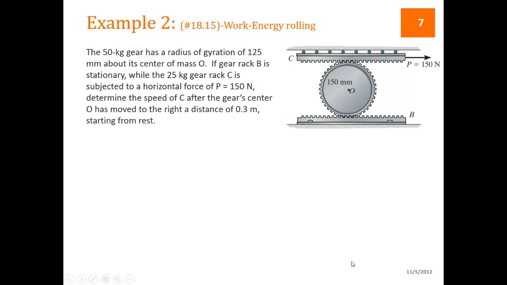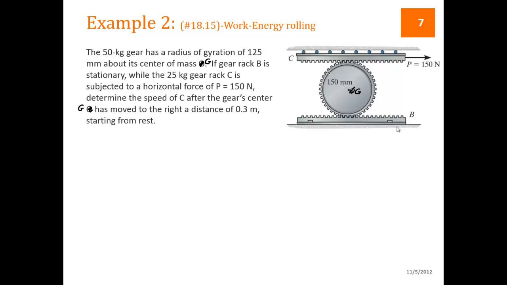So, one more example. Here we have something that is rolling, so it is not fixed at its center. Just to avoid confusion, I'm going to change this point O to point G, the center of mass, because typically we use point O as a stationary point, but in this case point O is not stationary.